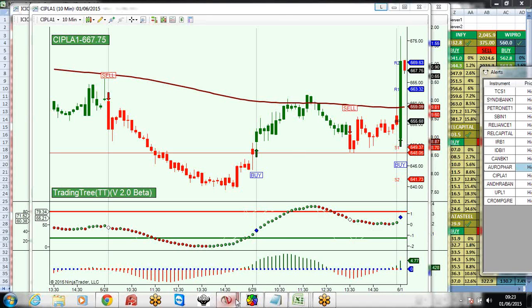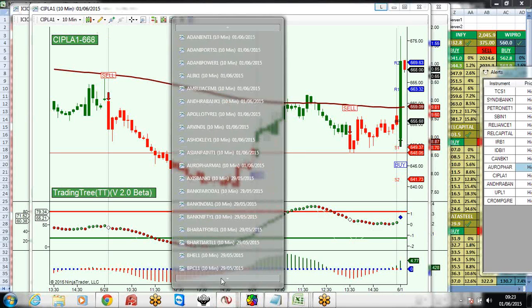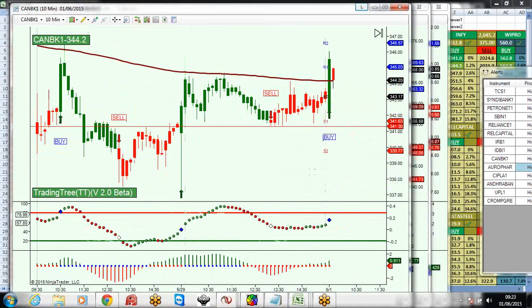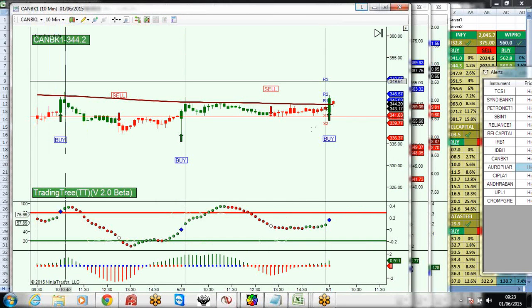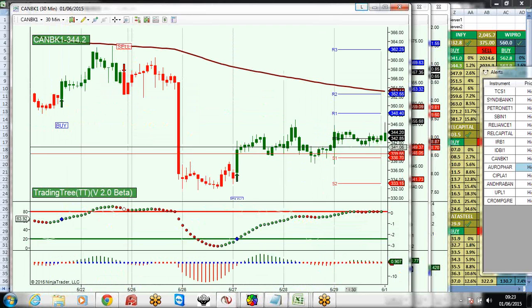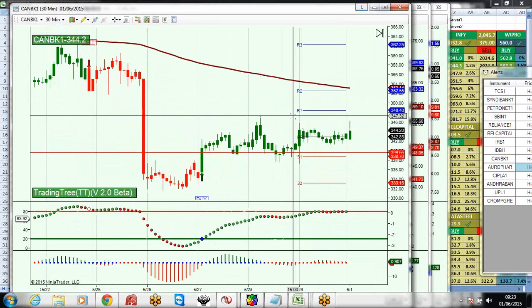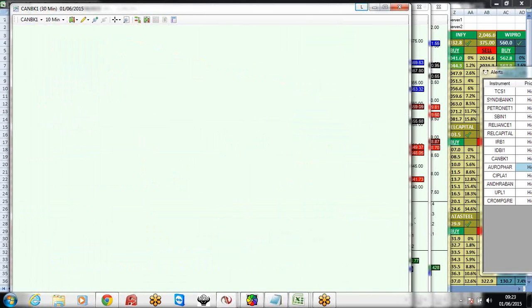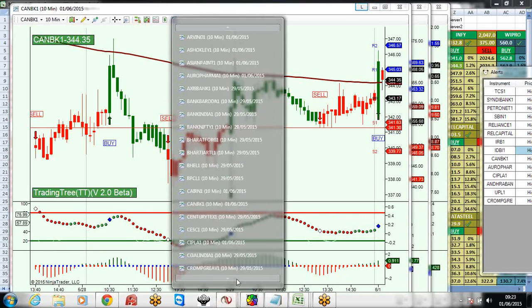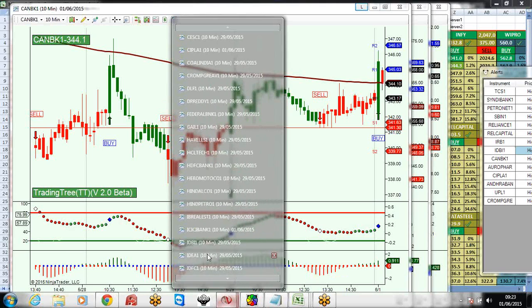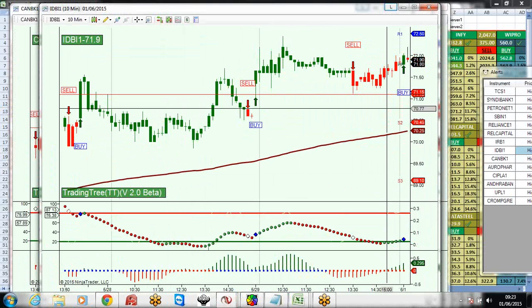We have an Arbindo, I have already showed you the call. Can Bank, I will have to show you the call. So that's again a huge price difference there in a time frame of 10 minutes. So you can buy Can Bank at this price, 347.20. I have a call in IDBI and IRB. Just make sure that we are looking at the RBI policy decision for tomorrow.